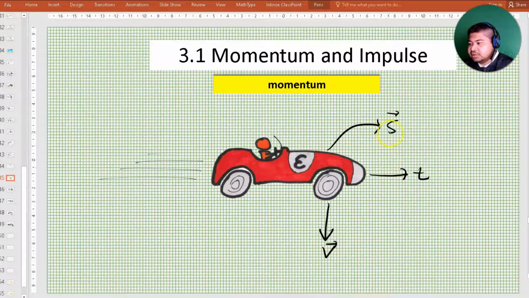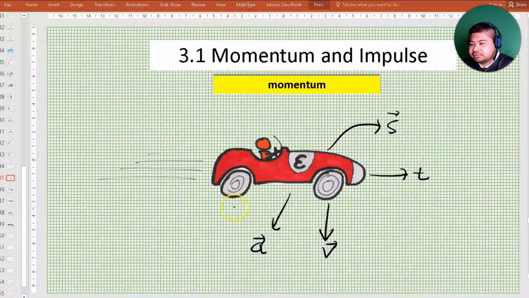Velocity is just displacement divided by time, and then from there we also have the acceleration of an object. So these are the quantities that we have used before to quantify the motion of an object. In this topic I'm going to introduce another two.